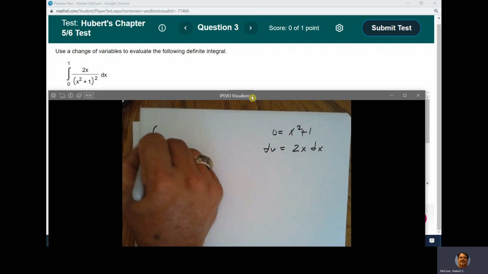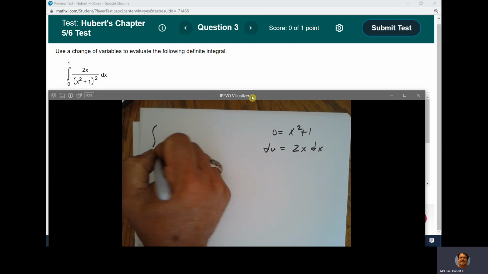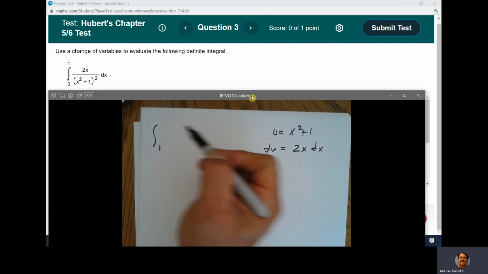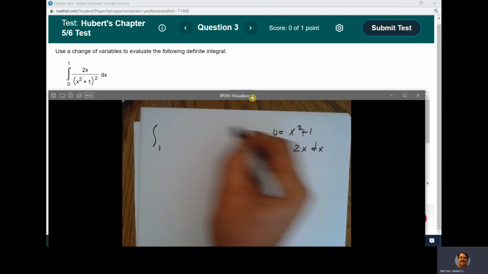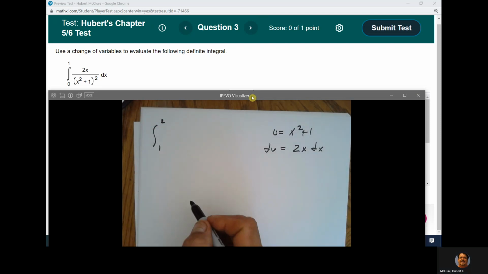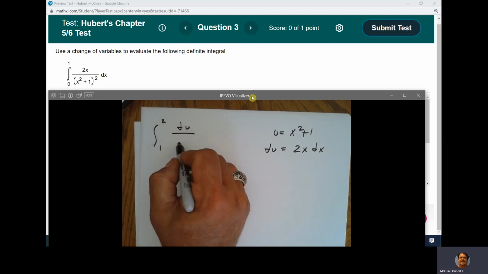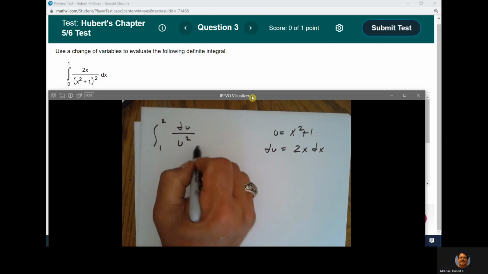If you plug in 0, you're going to get 1, and 1, you're going to get 2, of du over u squared.